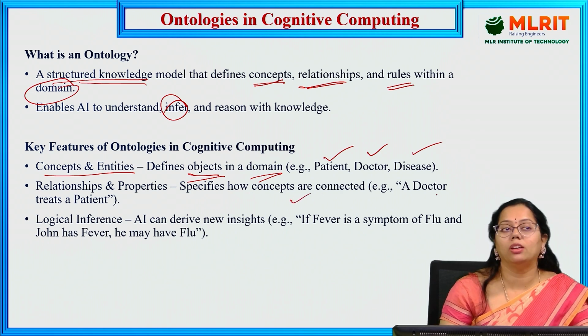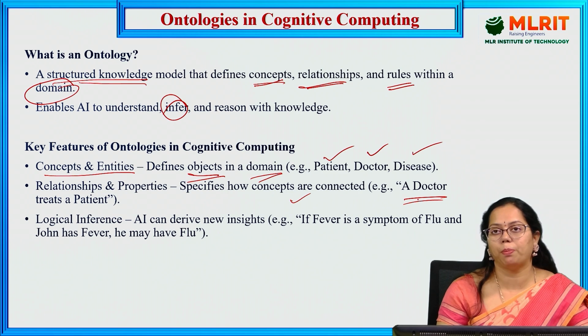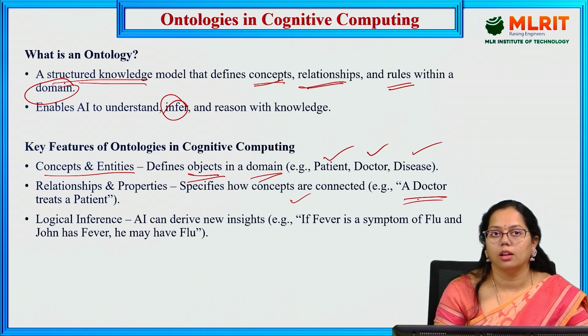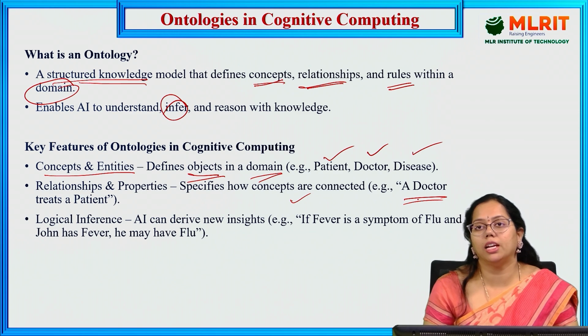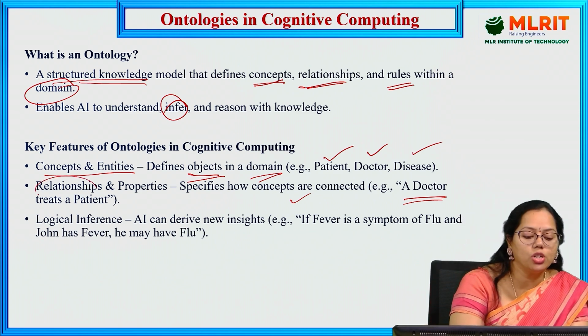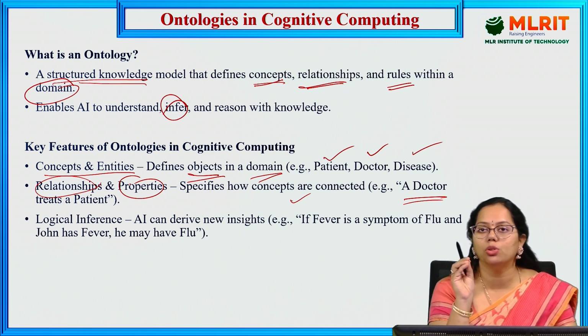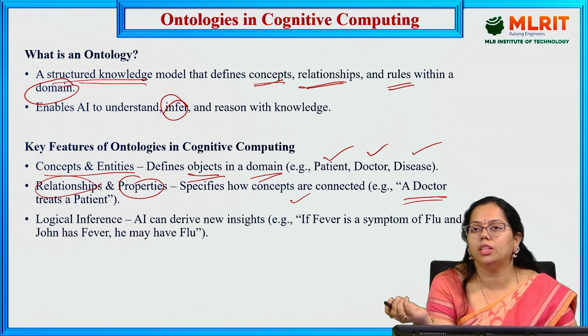Now, a doctor treats a patient. Yes, a psychologist treats a patient. Okay. Now, will the vegetable seller treat a patient? No, right? So the relationship and property should be relevant so that the relation is compatible with the entity.